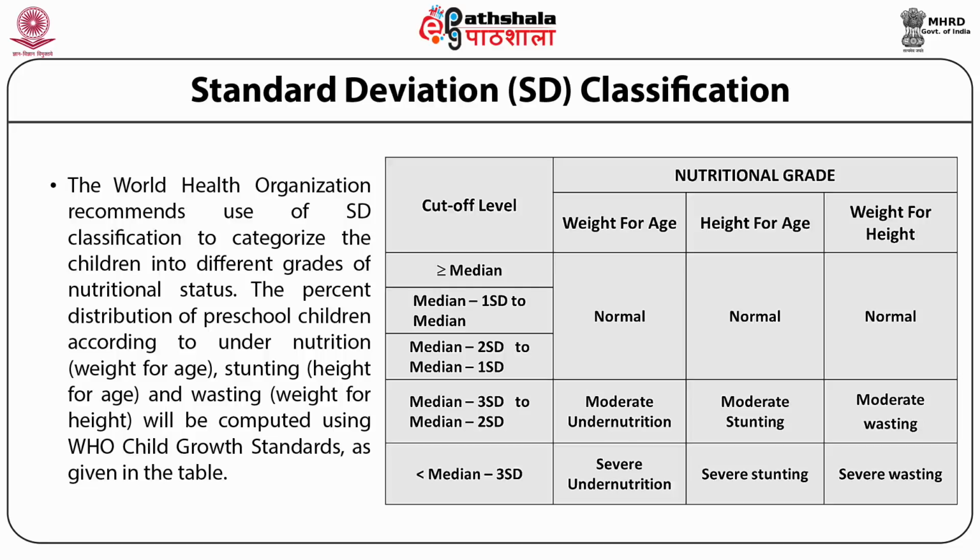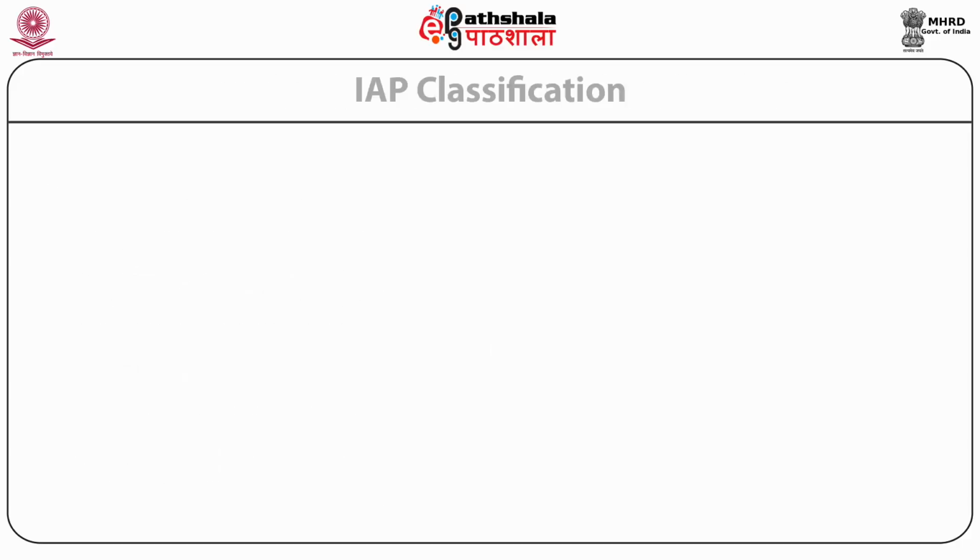You can see that SD classification is there, weight for age, height for age, and weight for height. Suppose the median is greater than or equal to minus 2 SD, then weight for age will be normal. When we consider height for age, again it will be normal. Similarly, weight for height would be normal, and other criteria also they have given.